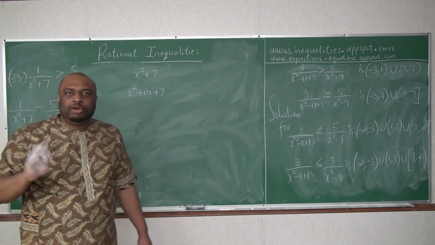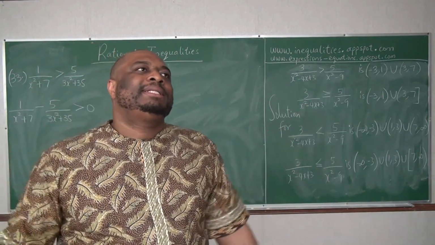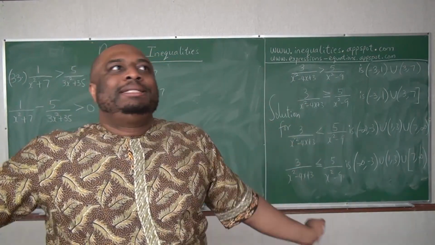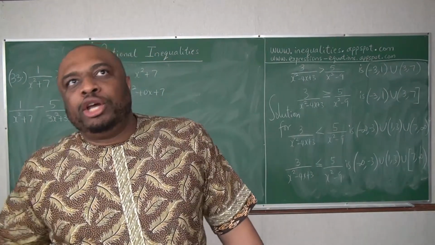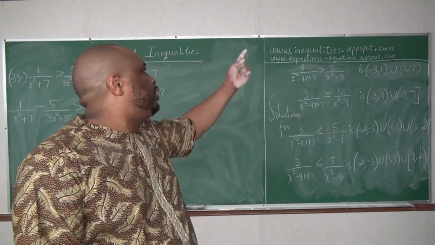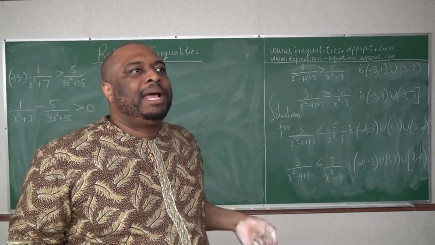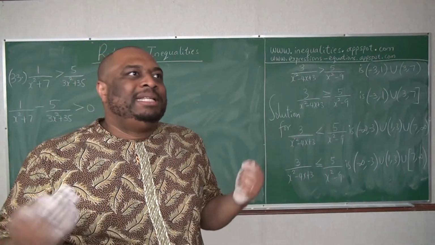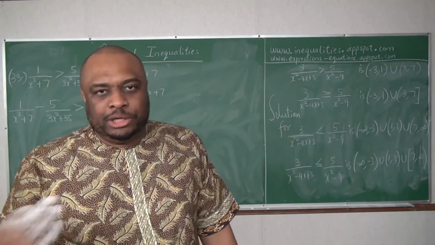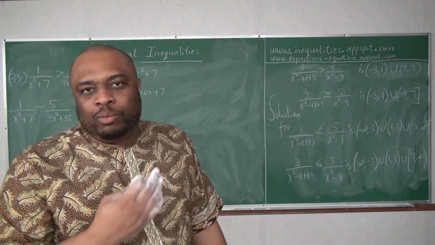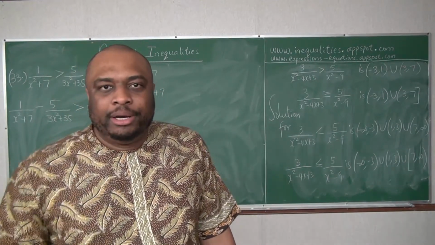Assuming we decide to go into details. I mean, most of you look at it and say, hey, Mr. C, don't waste our time. You know that these are complex roots. Okay, I got you. But some people don't know that they are complex roots. So you could tell from the discriminant. The discriminant will give us negative, which means they are not real roots. They are complex roots, which leads us to complex numbers. And for these inequalities, we're not dealing with complex numbers, we're dealing with real numbers.